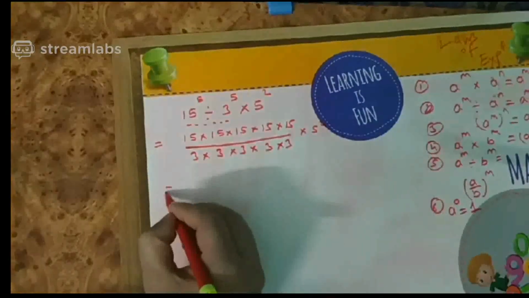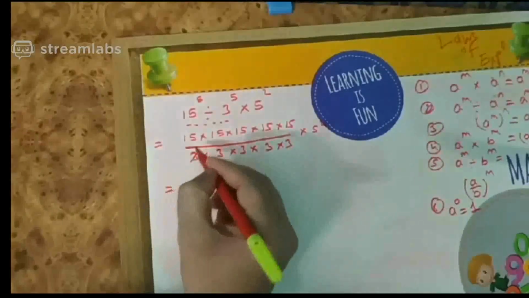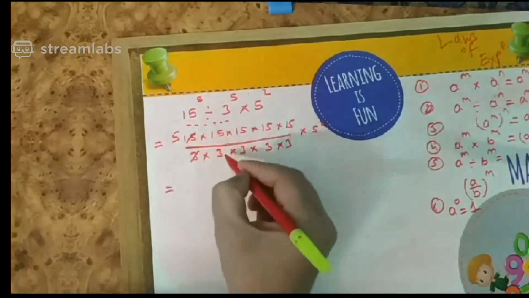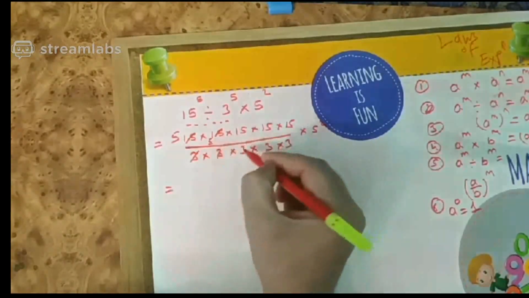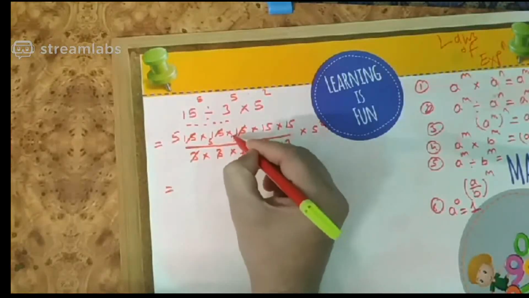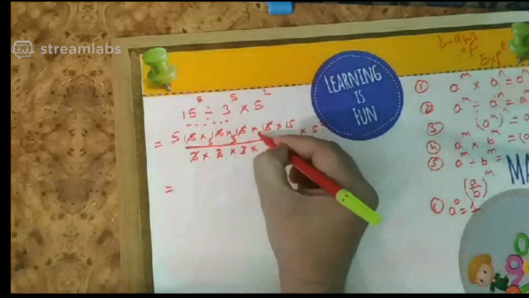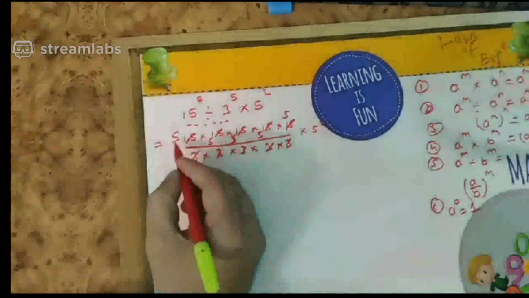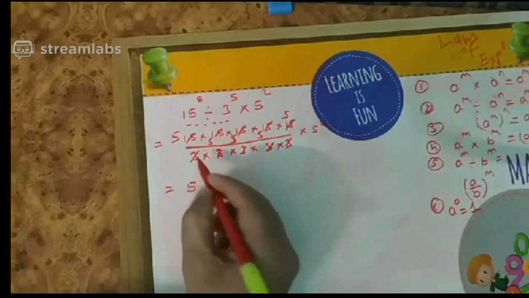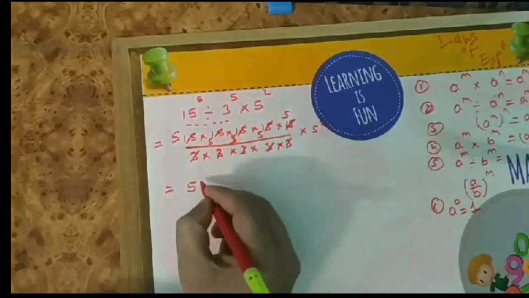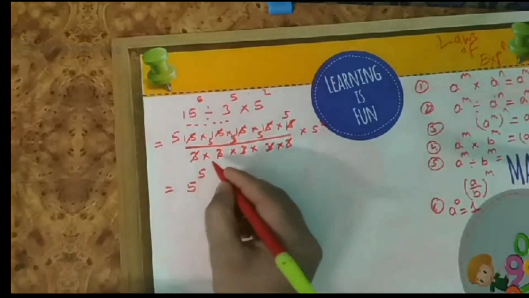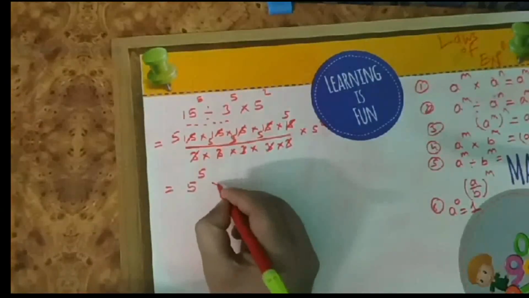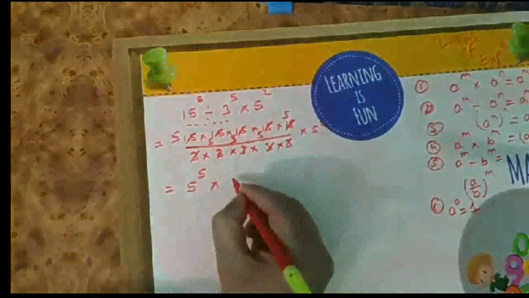So let's simplify this. 3 5s are 15, 3 5s are 15, 3 5s are 15, again 3 5s are 15, and 3 5s are 15. You can see that my 5 is repeating 5 times, so I can write 5 power 5 as the answer of this, multiplied by the remaining 5 power 2.